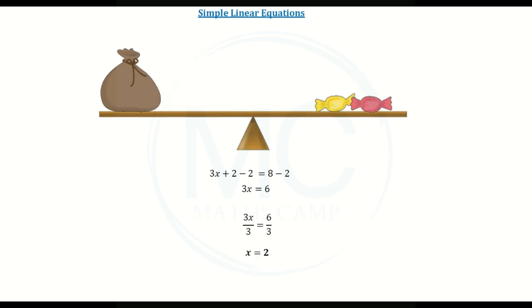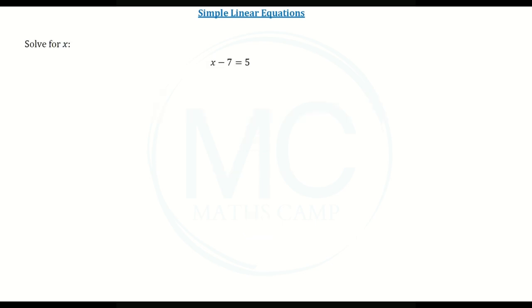Let's look at some examples of equations you will find in this course. Solve for x. x minus 7 is equal to 5. The aim here is to get x by itself. So we need to make this constant 0. To do that, in this case, we have negative 7. So let's add 7 over here.